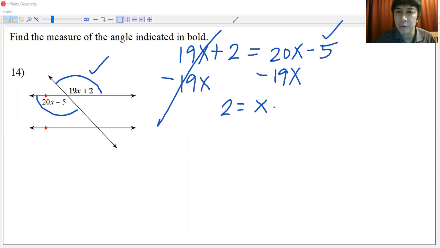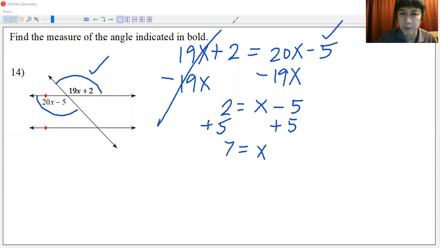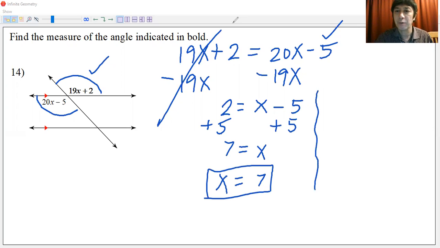Okay, so we will continue with the minus 5 on the next line. Okay, one more step, and we have the value of x. That will be by way of adding 5 here and adding 5 here. X happens to be 7 there. And again, we will have to write the letter first there. And we have x equals 7. We can now solve for the required angle. Okay, 19x plus 2.